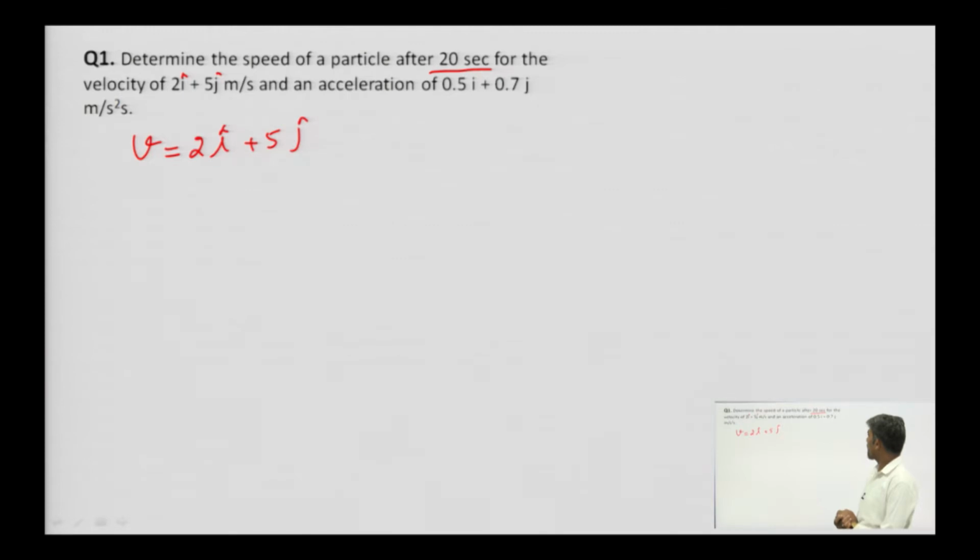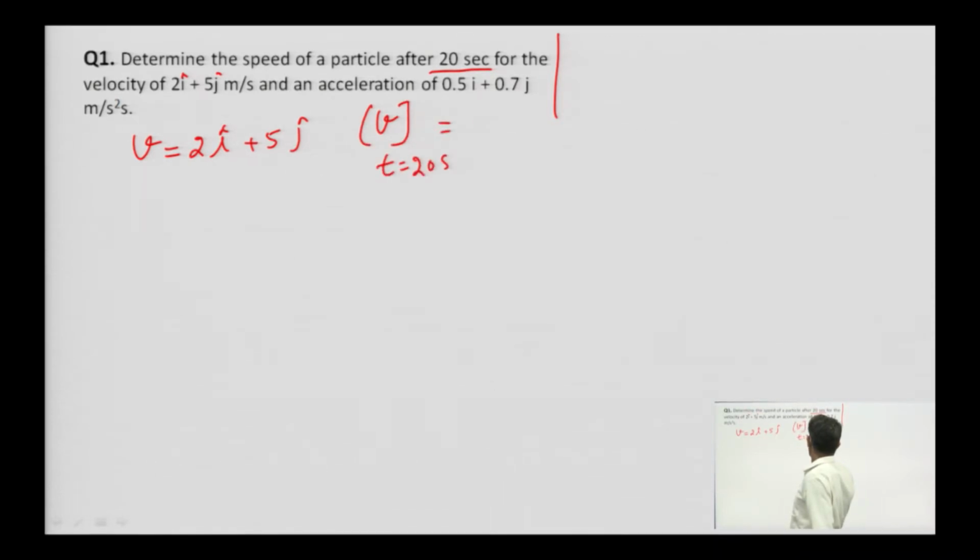We need to calculate the speed of the particle after 20 seconds, means we need to find v at time t equal to 20 seconds.